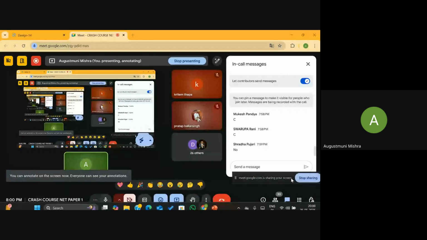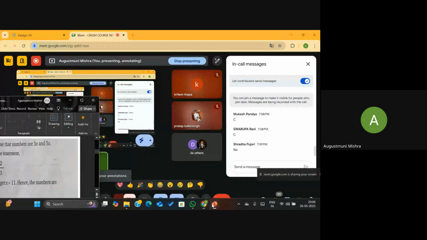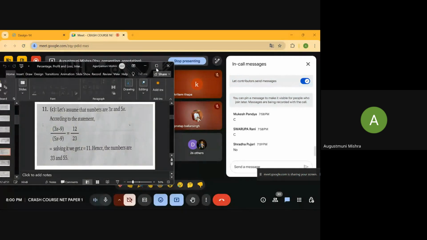I don't know, that window is not working. I'm sharing the entire screen because maybe there is some issue with Google Meet. And I have shared the whole screen, because it is not showing the option to share the window.